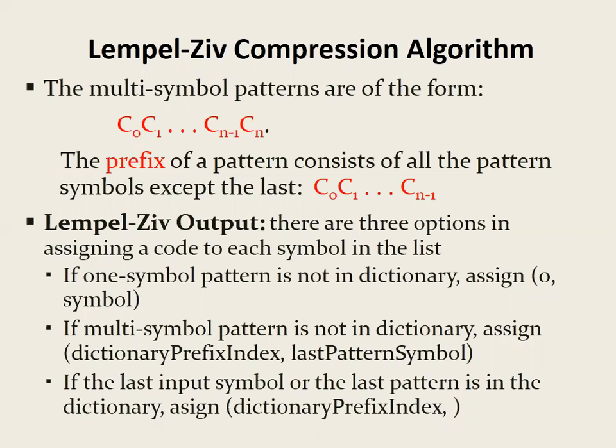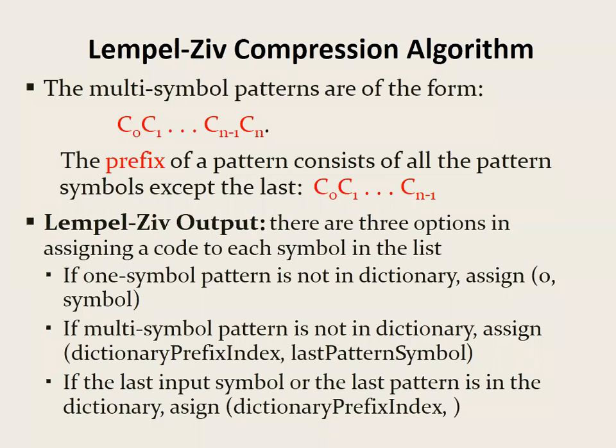So we have basically 3 options when including into the dictionary. Either the symbol pattern we are including is unique without adding any other symbol, then our prefix is 0. That means there is only one symbol, with no other symbols added, so it has no prefix.